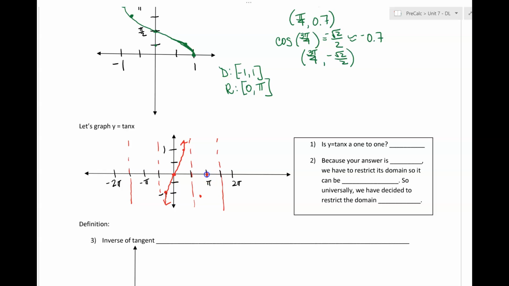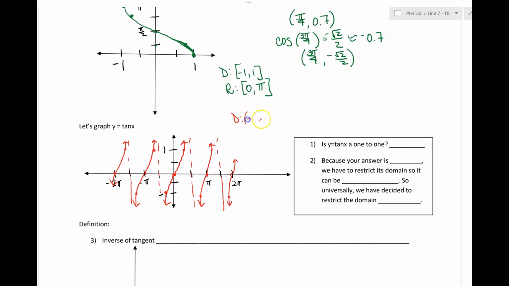We know that we can recreate the behavior of this function to recreate numerous periods of our tangent graph. For now, we'll only discuss period and amplitude with sine, cosine, tangent, and their reciprocals, cosecant, secant, and cotangent. Okay? Alrighty.